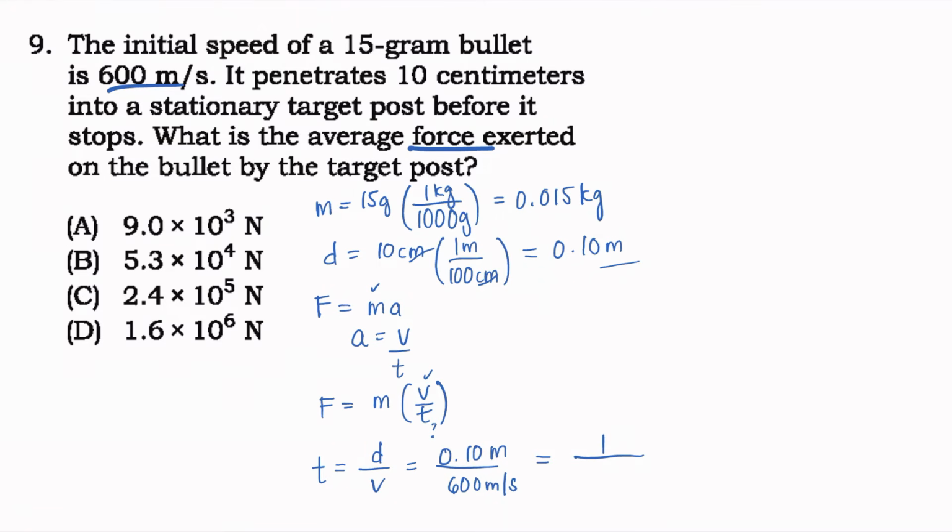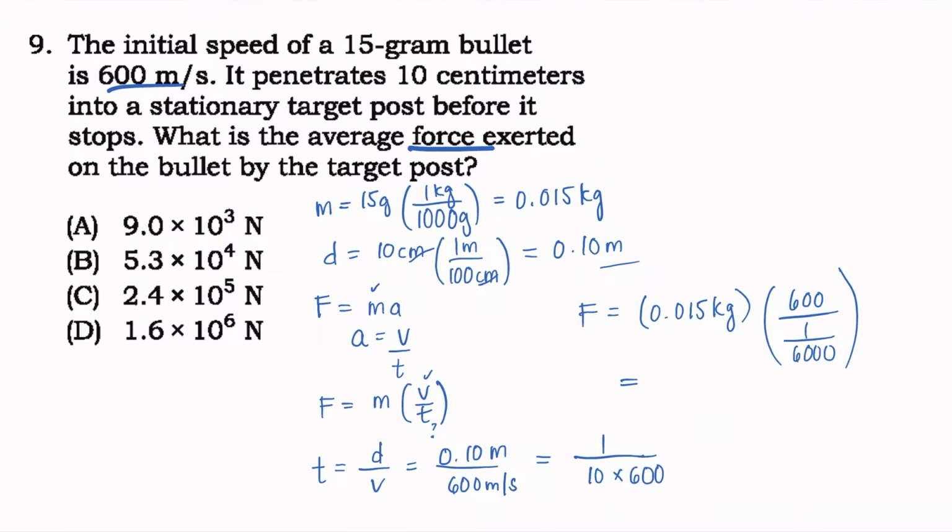Pwede rin to isulat as 1 over 10 times 600. Pwede na natin i-compute yung force. Force is equal to mass, 0.015 kilograms, times yung velocity na 600 over yung time na 1 over 6,000.